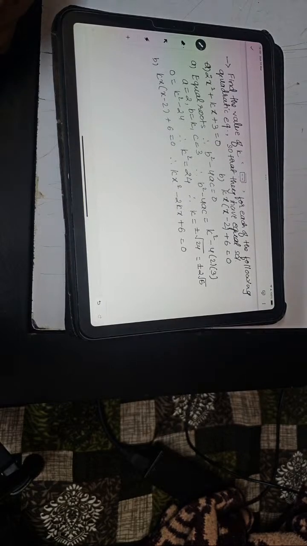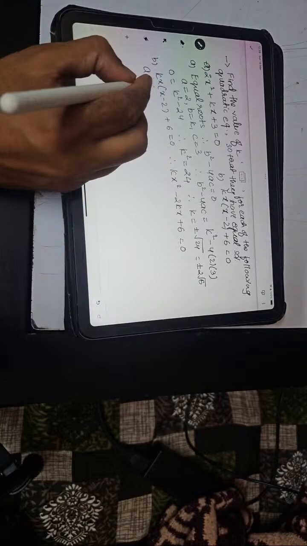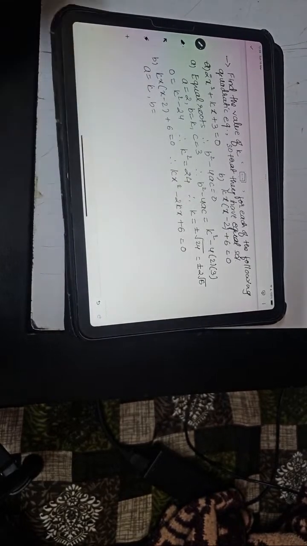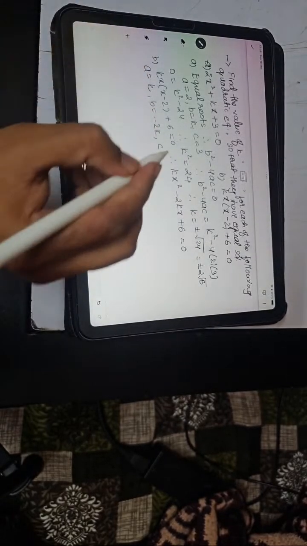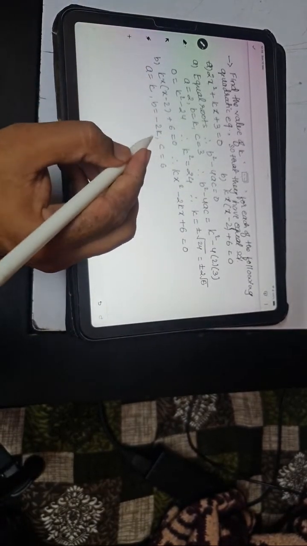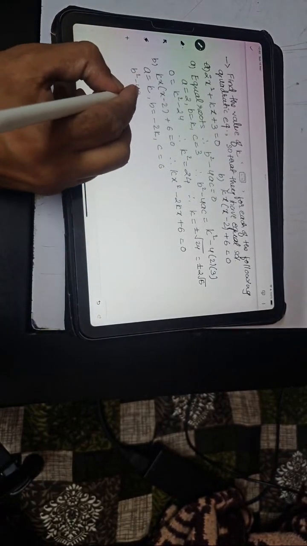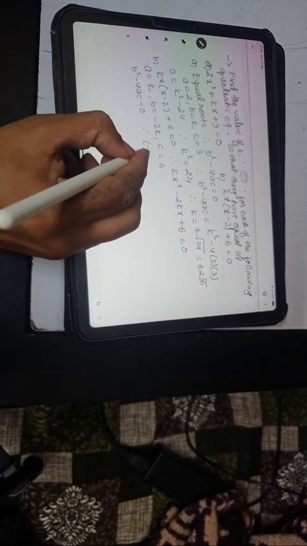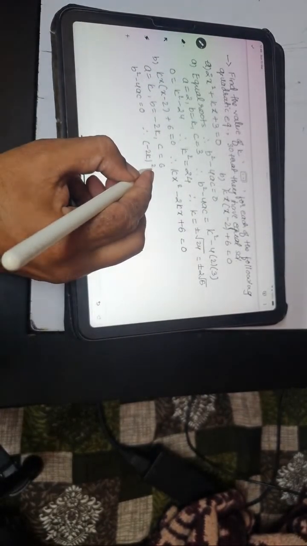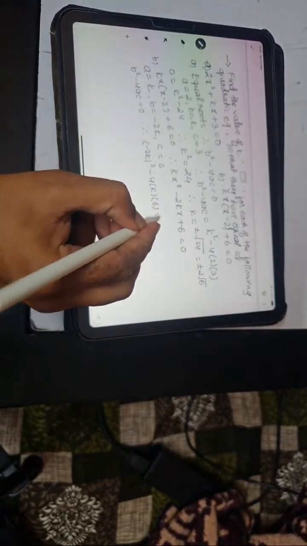Now if I compare with the standard form, ax square plus bx plus c, so a equal to k, b equal to minus 2k and c is 6. So again b square minus 4ac will be equal to 0 because it is having equal root. So therefore minus 2k whole square minus 4 into k into 6 will be equal to 0.